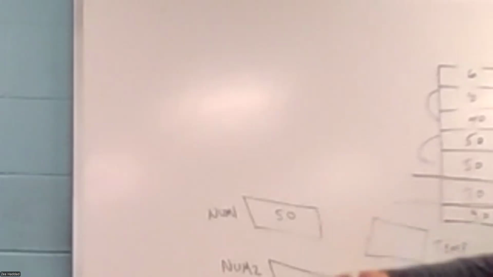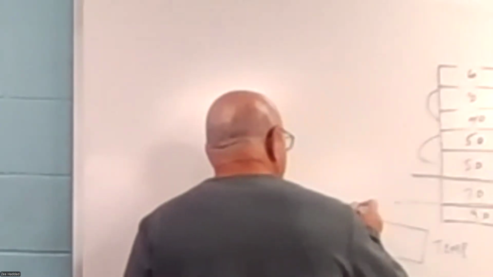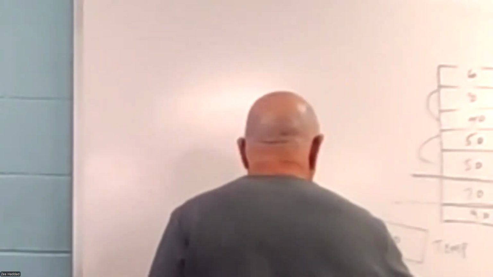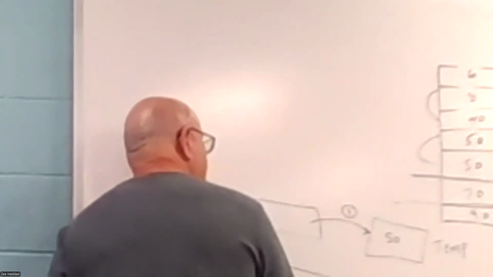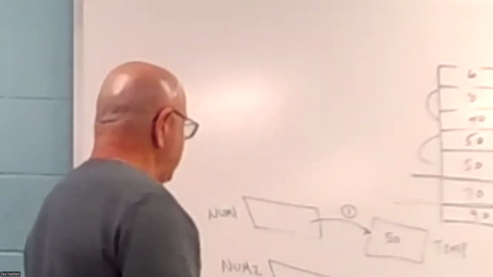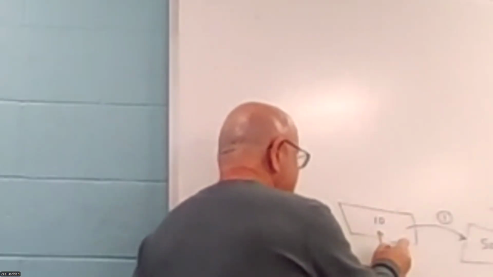You can move one of these to this one. It doesn't matter which one. The first step is you move one number to the temporary. That's step one. So if you move that, the 50 goes there. Next, you can move this number up here. So the 10 goes here.